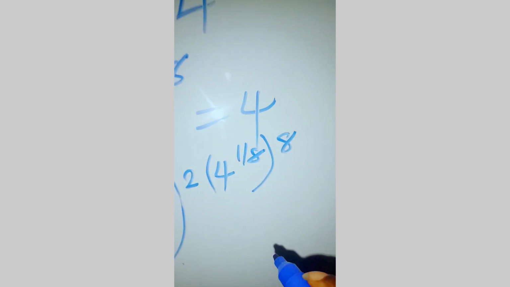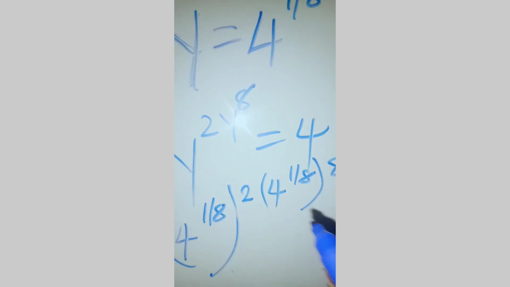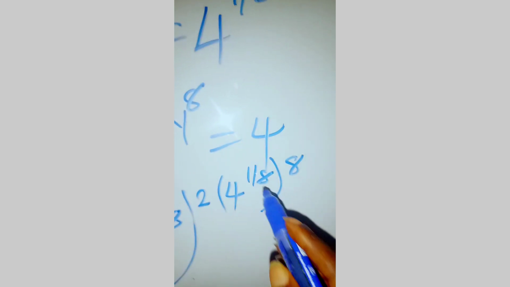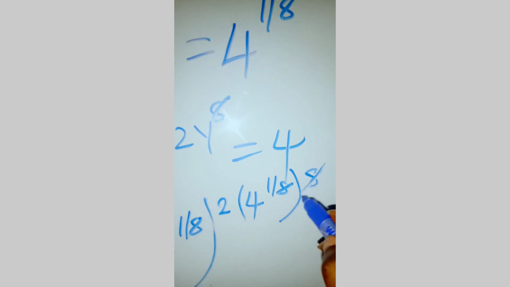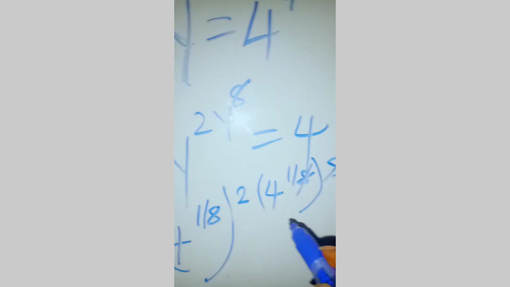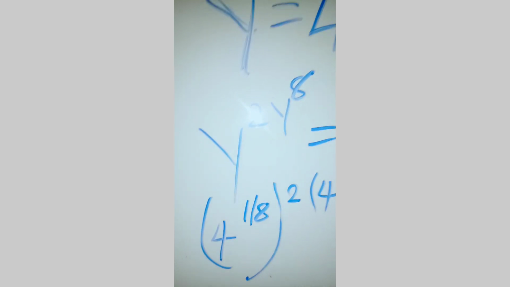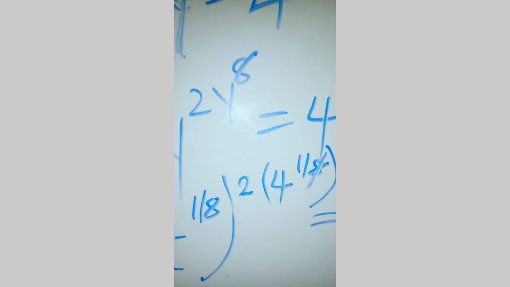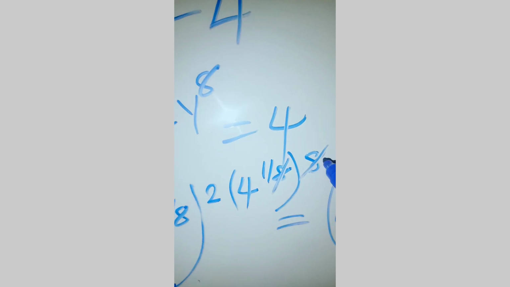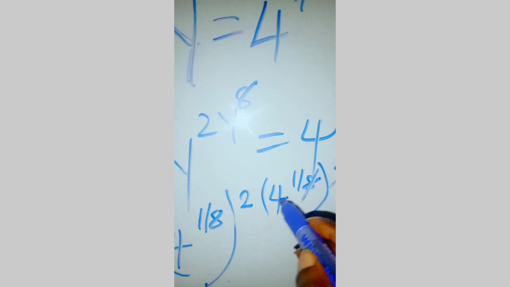Now at this point, raised to the power of this 8, we only replace this y with the same 4 raised to power 1 over 8, then the 8 beside. This 8 we cancel this 8, then you'll be left with 4 raised to power 1 over 8, in brackets, times 4. Since this has cancelled out this, you'll be left with 4.